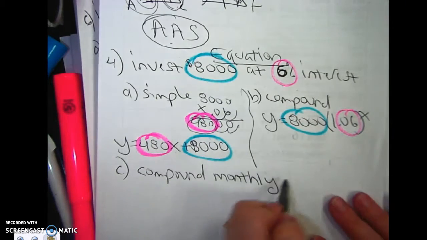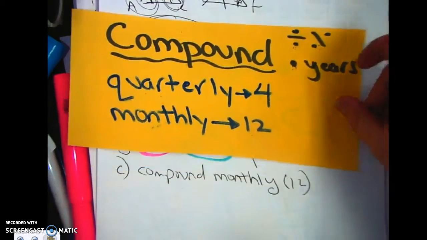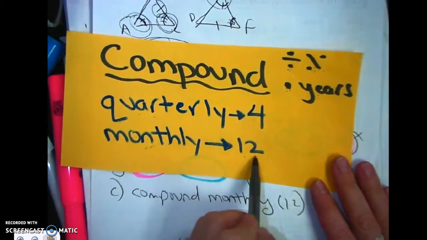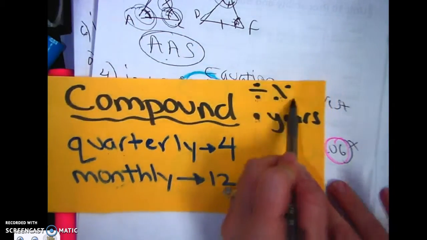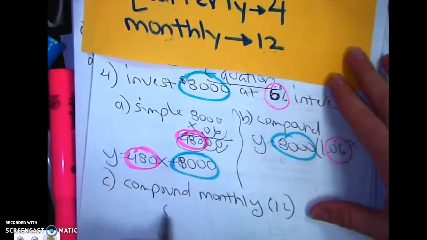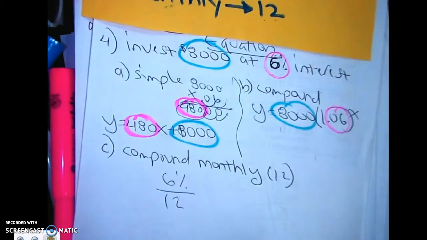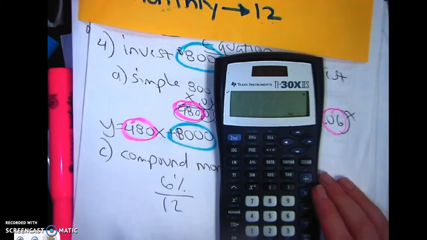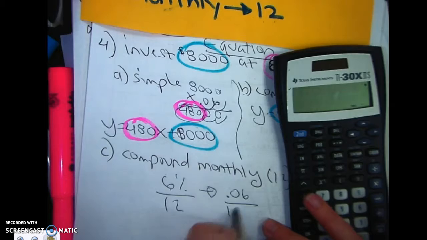The one that's a little bit more difficult is compounded monthly. Monthly means 12. So this will be on the board. And so you'll see monthly is 12. So I do the same thing as I did before, but this time I have to divide the percent. So I take the percent and I divide it by 12. But I can't do 6. I have to go 0.06 divided by 12.